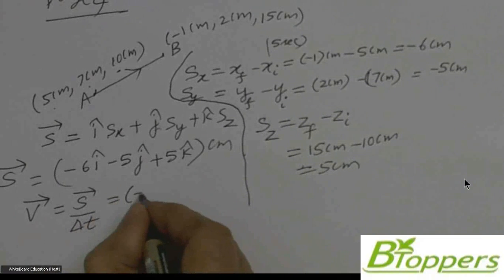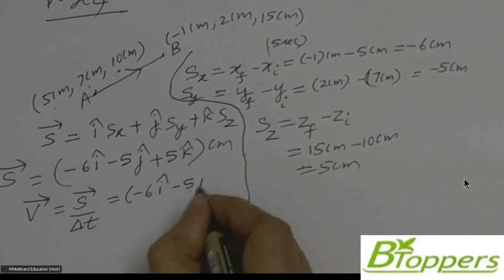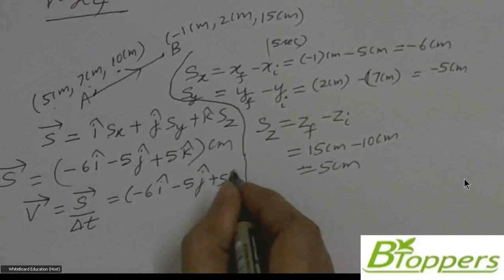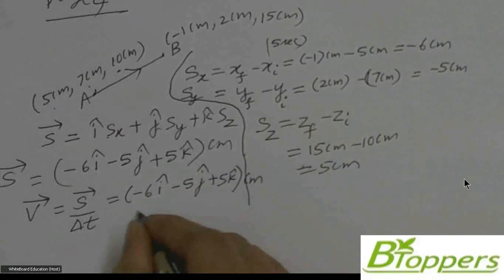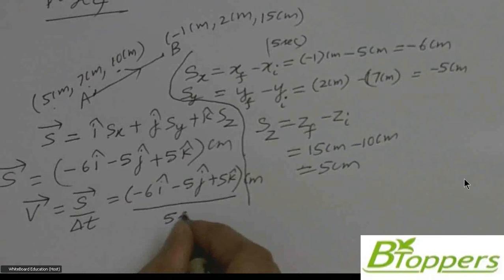So thus you can write -6i cap minus 5j cap plus 5k cap centimeter divided by the time interval, which is given as 5 seconds.